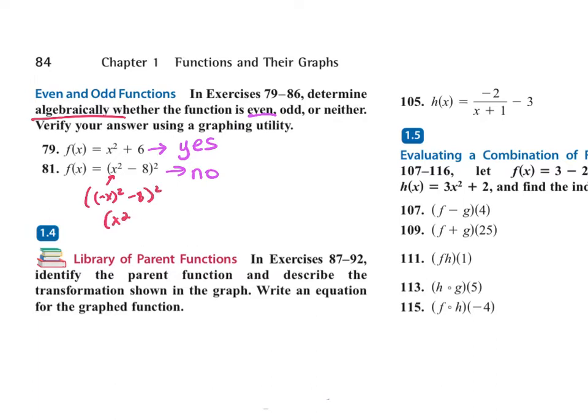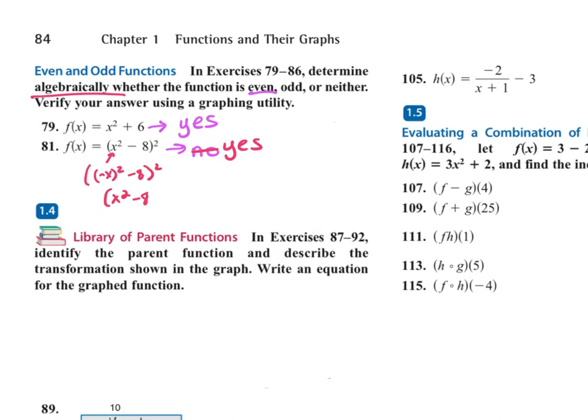That goes back to the original. Yes, this is a yes. So these are even. And if I plugged in a negative x and it gave me the negative over on this side, all the signs were different, then that'd be odd.